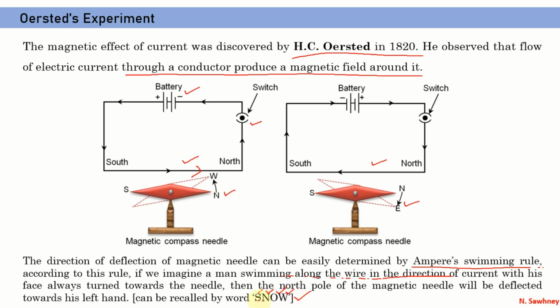That is, when the current is flowing from south to north over the needle, then the magnetic north pole will be deflected towards the west.